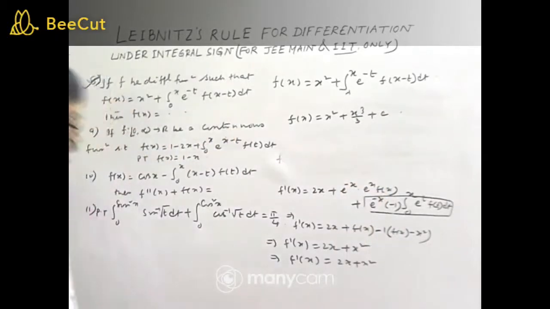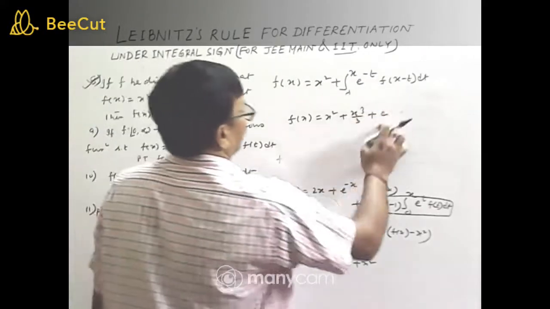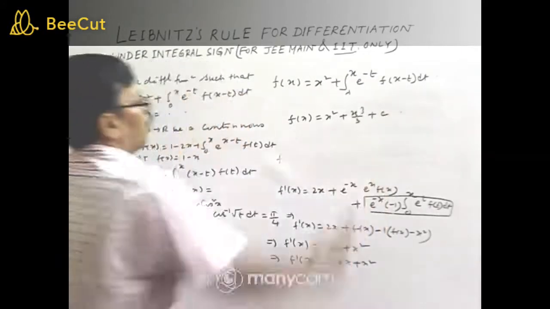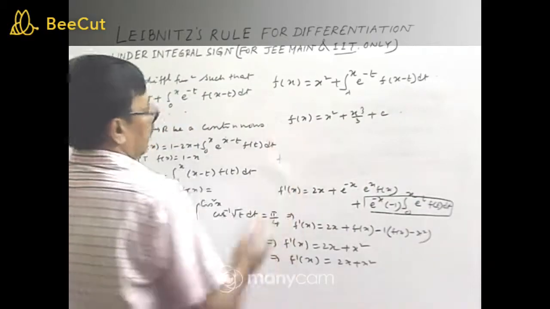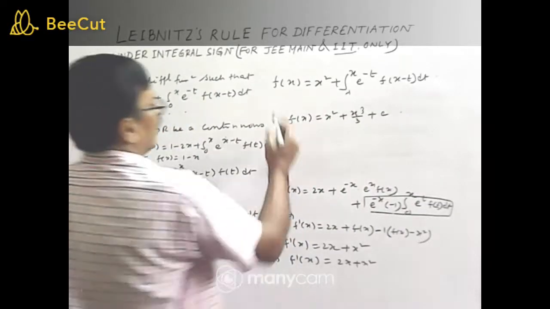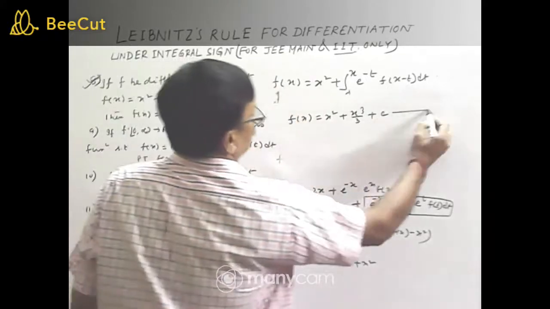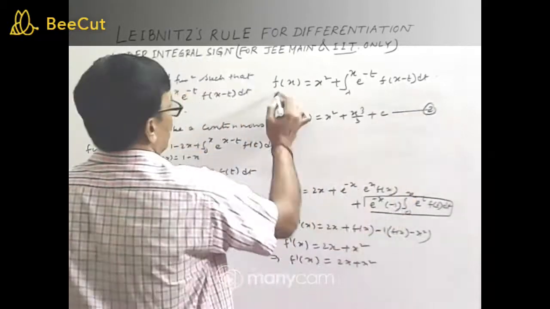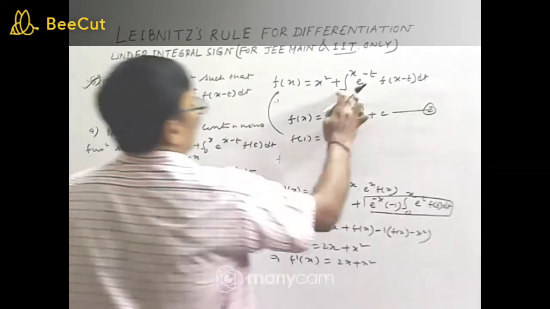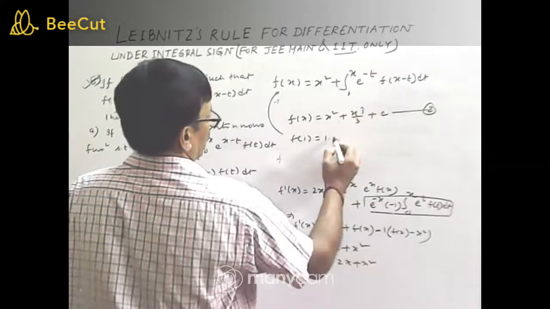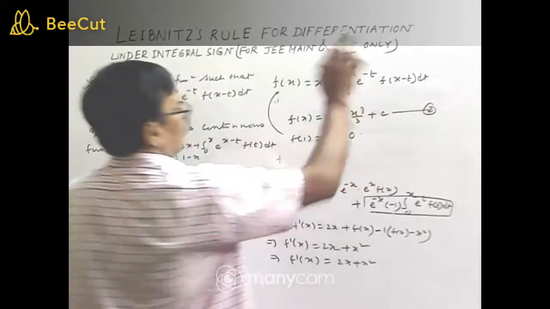Now you have to find the constant c. Now if we put x equals 1 in this relation, so what are we getting? So suppose this is 2. So f(1) equals 1, and this is the integral from 1 to x. So this one is 0 because upper limit and lower limit are the same.